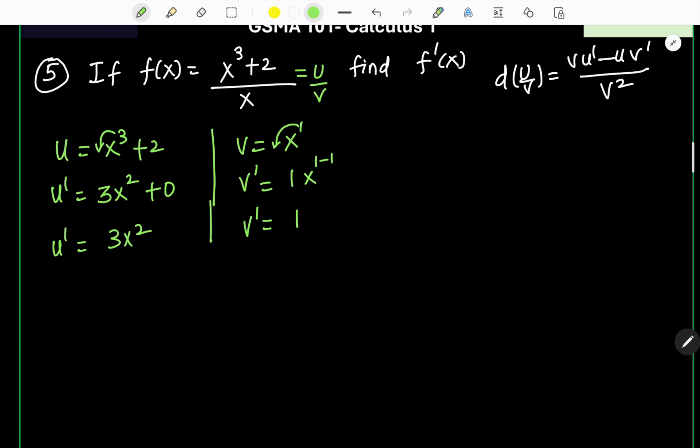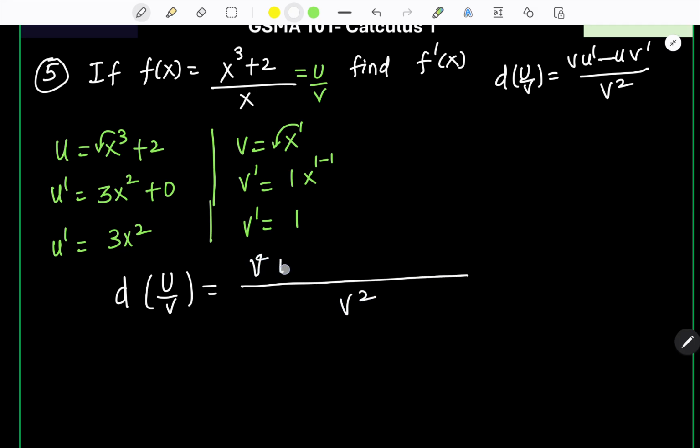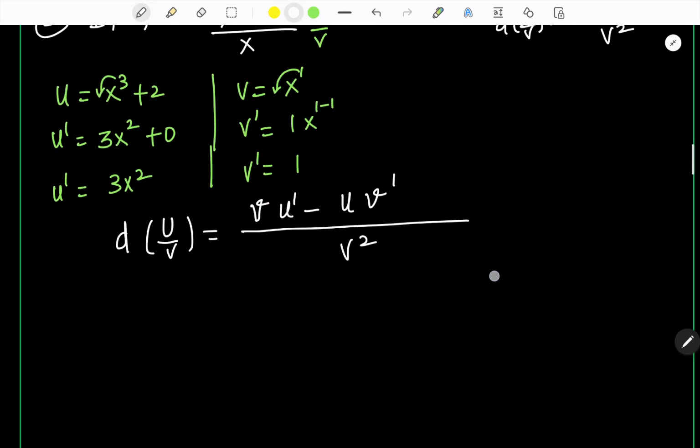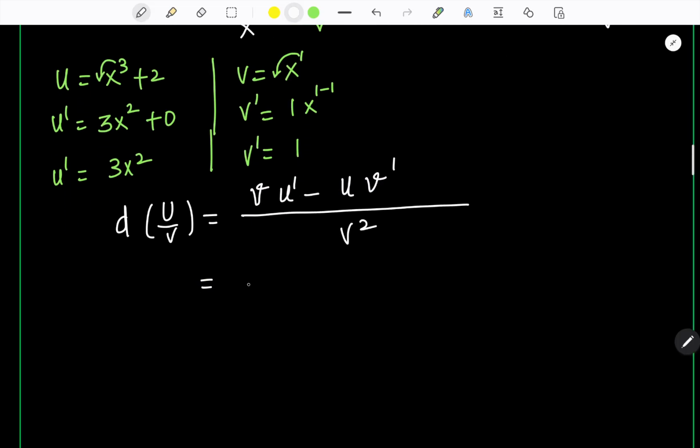So we got u, we got v, we got u dash, and we got v dash. Now we are going to apply the formula. Derivative of u by v is equal to v into u dash minus u into v dash, over v square. So this is equal to v square.